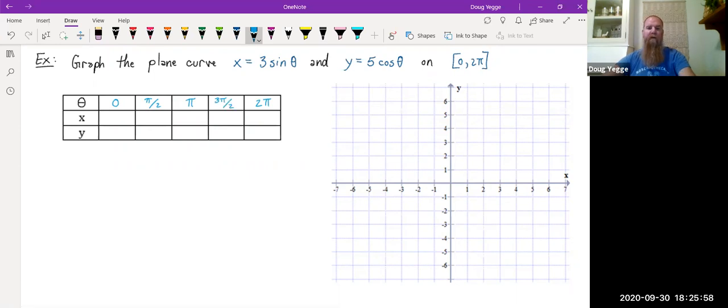Notice that we're just plugging these into our functions of x and y separately to find those corresponding points. Plugging in 0 for theta in this function here gives me an answer of 0. And so does pi, and so does 2 pi. So each of these theta values is going to give me x coordinates of 0.